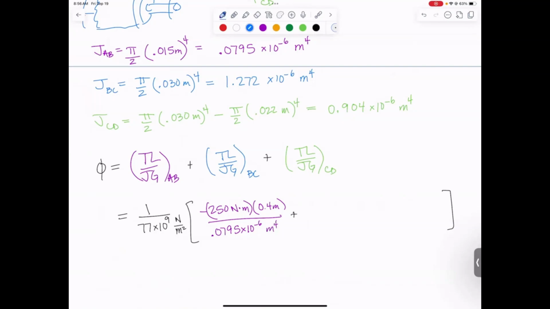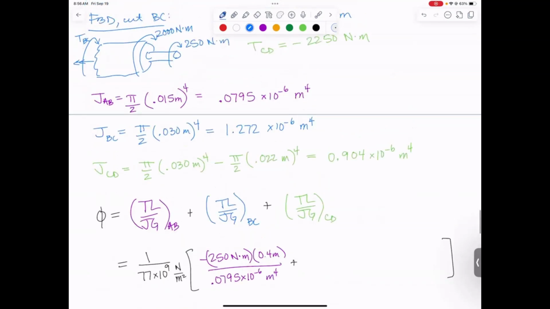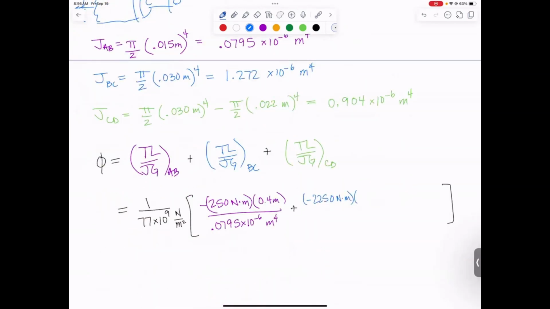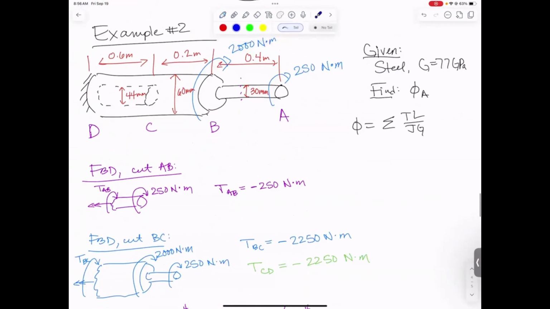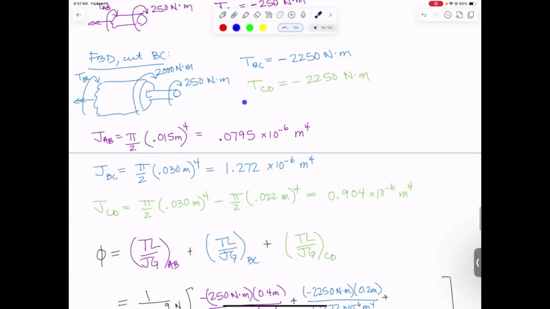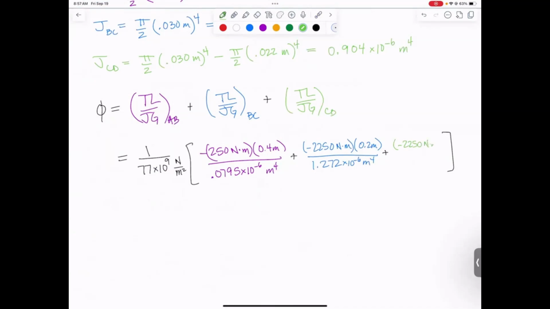Next, we need the blue one. Torque for segment BC was negative 2250 Newton meters. I need to find its length on the picture. Its length was 0.2 meters. G is out in front already, so I just need J, 1.272 times 10 to the minus 6th meters to the 4th. And finally, the green one. Segment CD had the same torque, minus 2250 Newton meters.